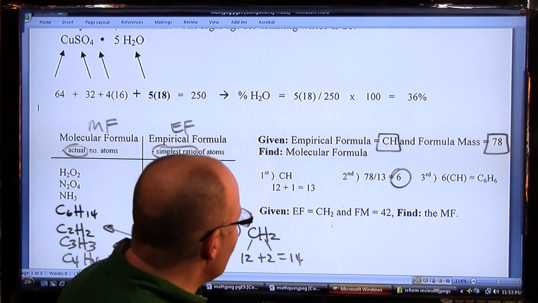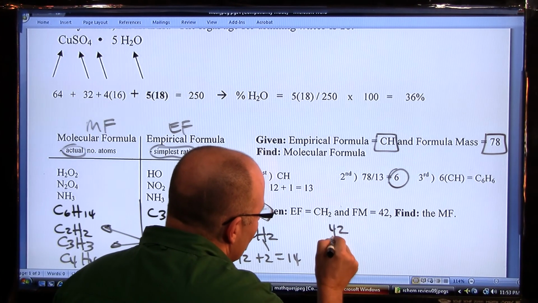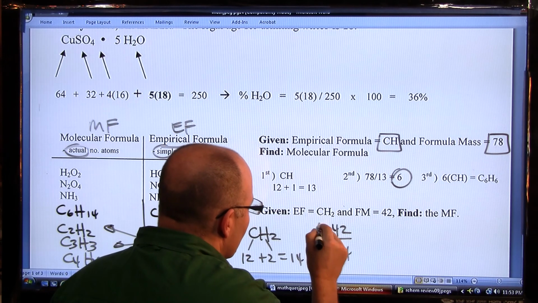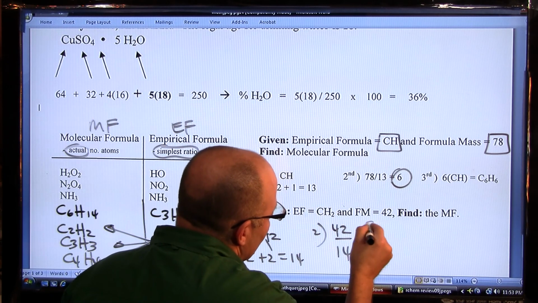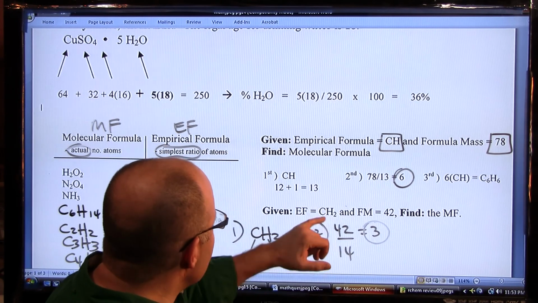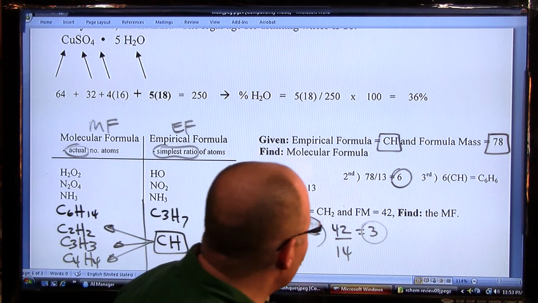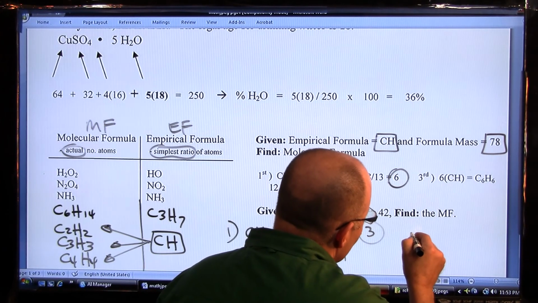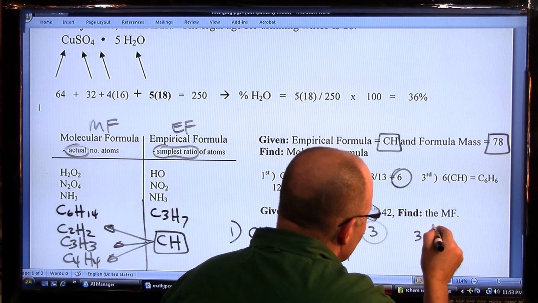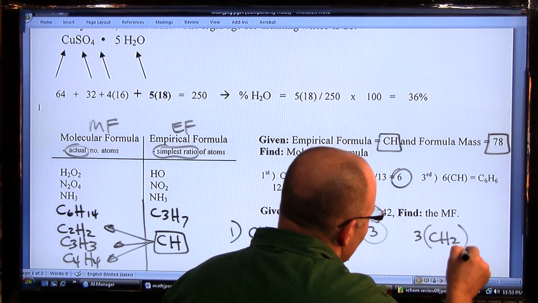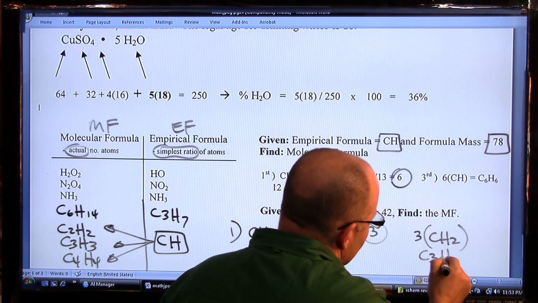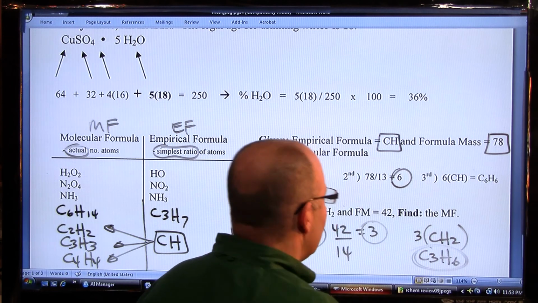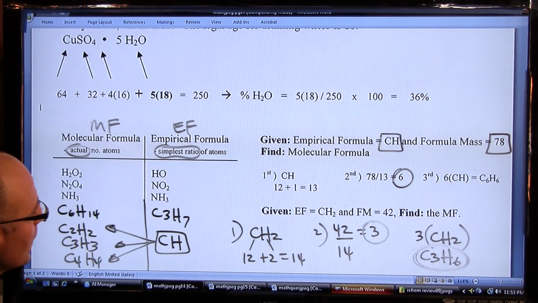Then let's divide the 42 by that. 42 divided by 14, our second step, would be 3. And that simply means take that empirical formula and multiply it by 3. So 3 times CH2 would give you C3H6 as your final answer. So that was pretty simple.